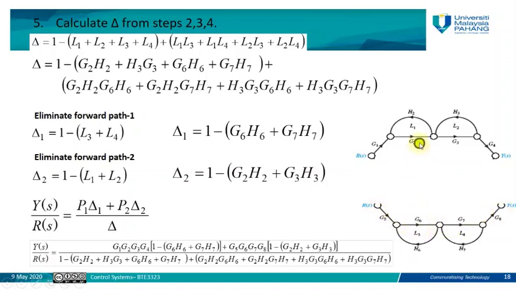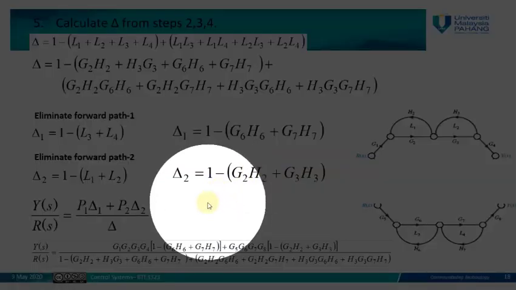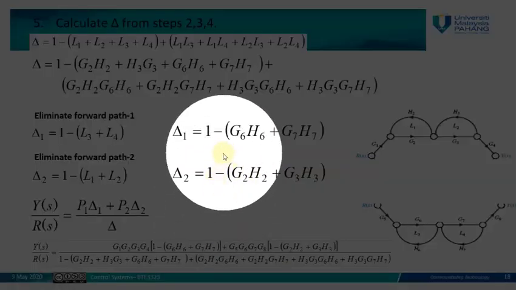The loops are L1 and L2. So delta 2 will equal 1 minus L1 plus L2. We substitute the value of L1, which is G2 H2, and the value of L2, which is G3 H3. So this is the value of delta 2, and this is the value of delta 1.